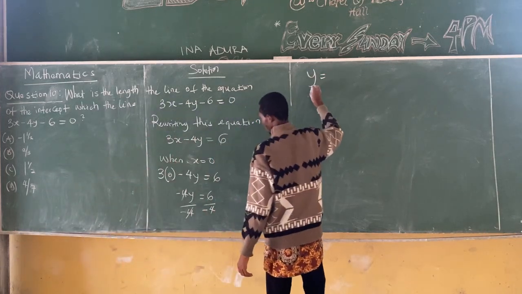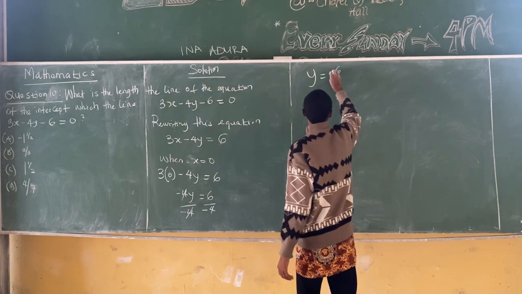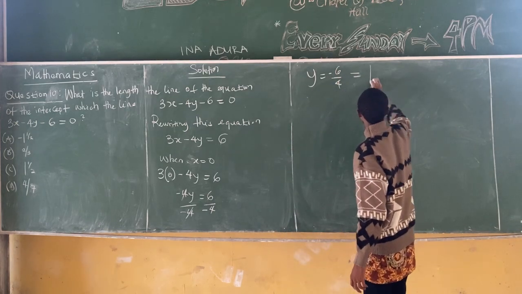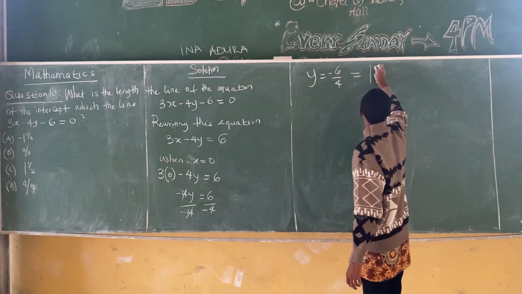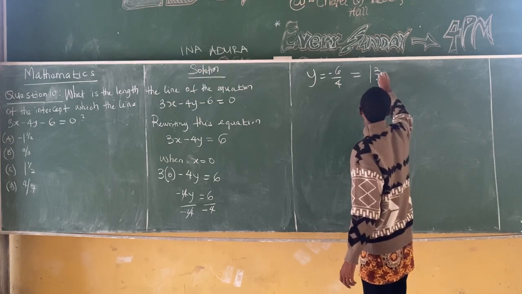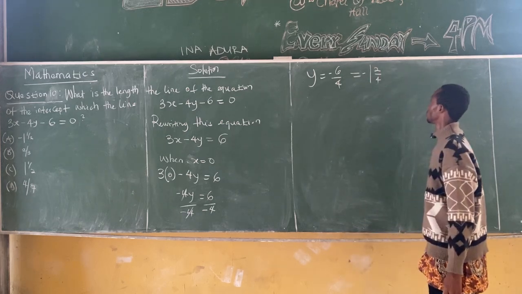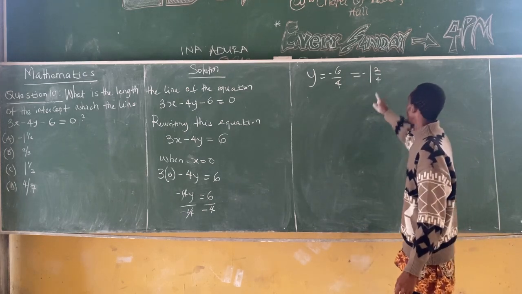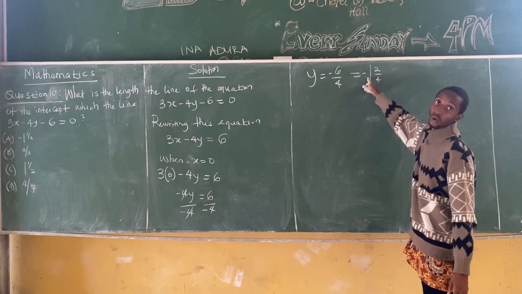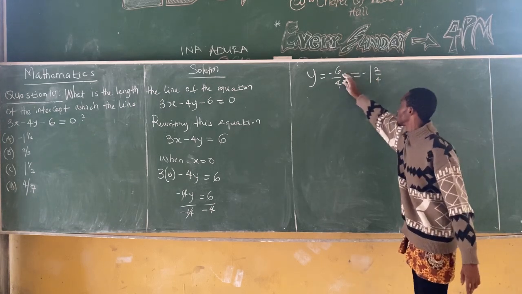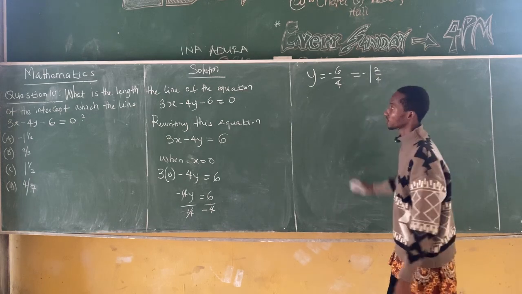We have y to be equal to minus 6 over 4, which is the same thing as minus 1 whole number 2 over 4. Now 4 times 1 is what? 4. 4 plus 2 gives us 6 divided by 4. That's this. So this is a mixed fraction.